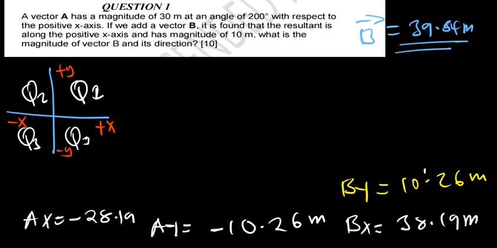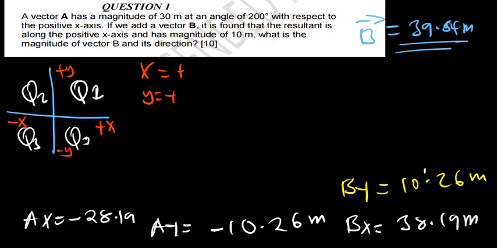Now, you are trying to find the direction of a certain vector. Let's assume that you discover that the x component of that vector is positive and the y component is also positive. You resolve the vector, and you conclude that this is the x component and this is the y component.